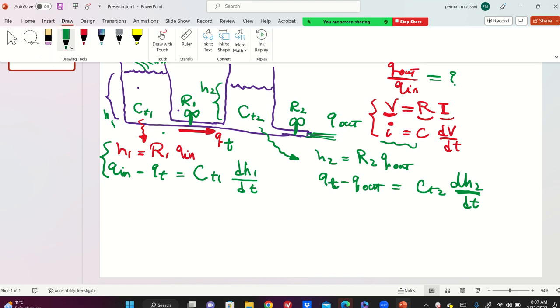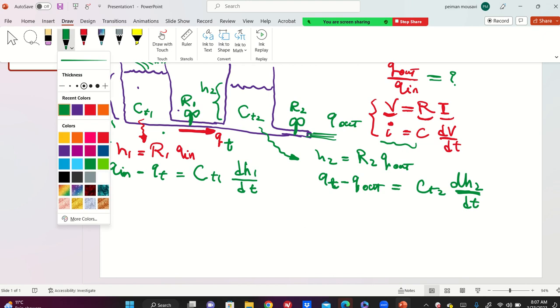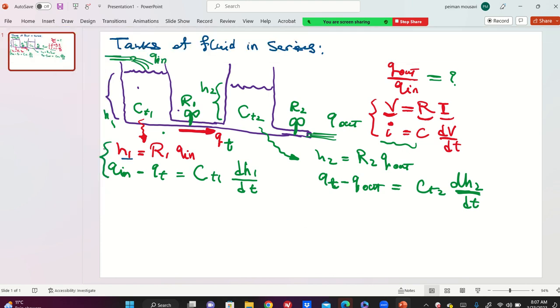So what I'm going to do is replace this H1 here. So you have Qn minus Qt equals Ct1 R1 dQn over dt. And I'm going to put H2 here.